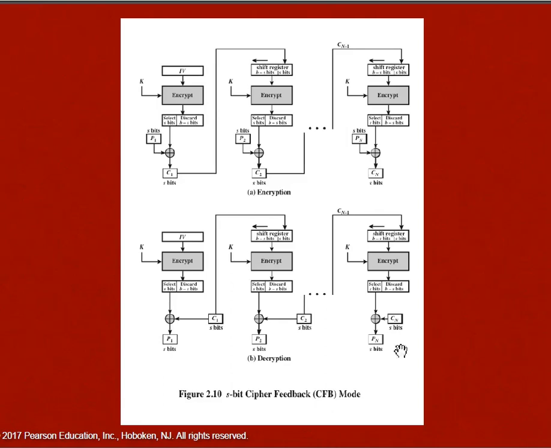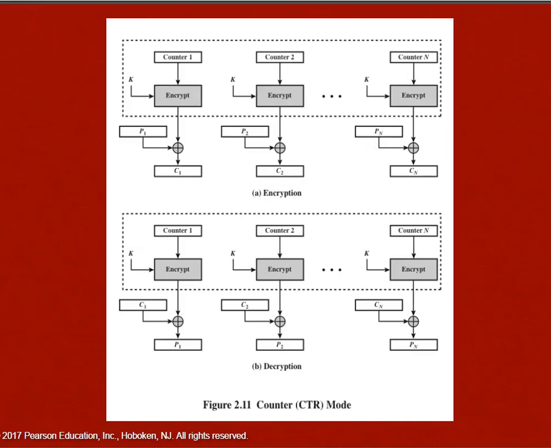Okay, that's why we call it the S-bit cipher feedback mode. Of course, guys, this is not in your exam, but anyway, you should be familiar with this, so that's why I explain it a little bit more in detail.